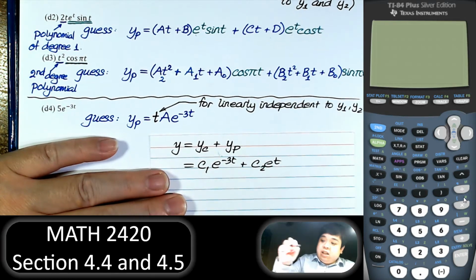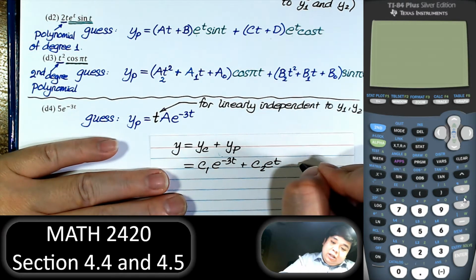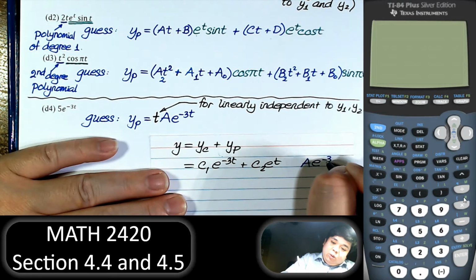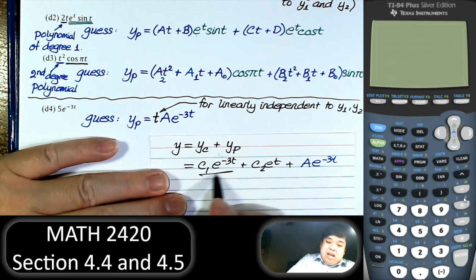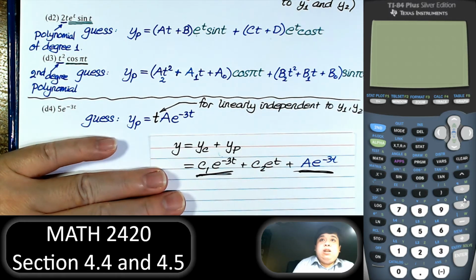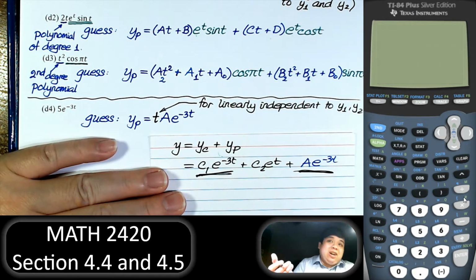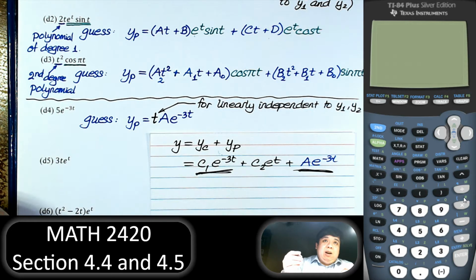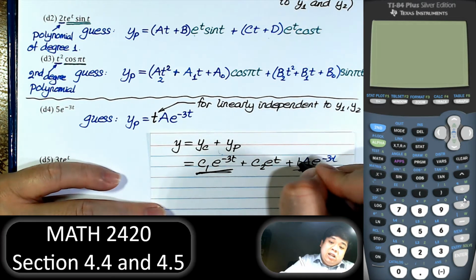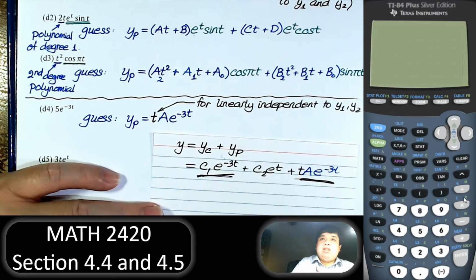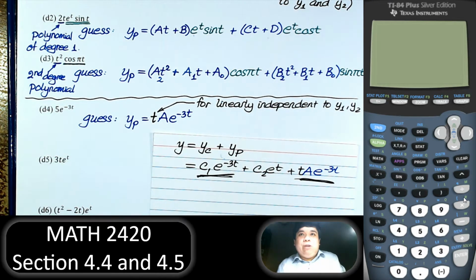And then our guess, if our guess solution is a e to negative 3t, of course, there's redundancy between these two, right? So to make it not redundant, precisely to make it linearly independent, we will multiply t here. So that term is different than that term. Right, so that's what is affecting our guess.